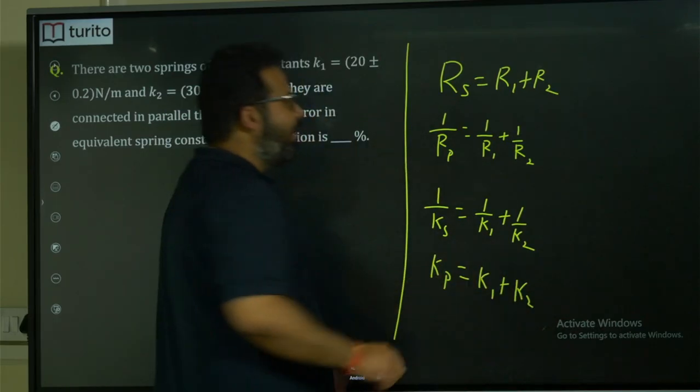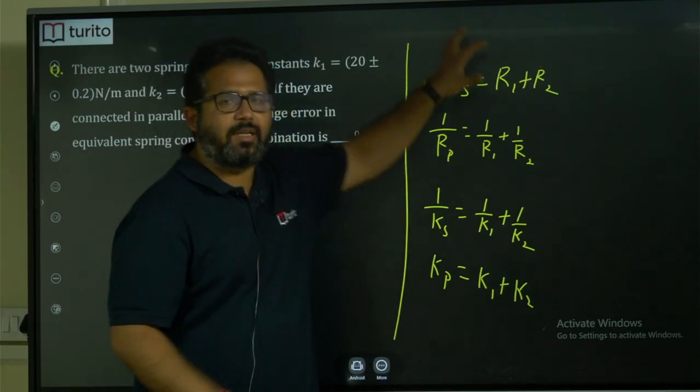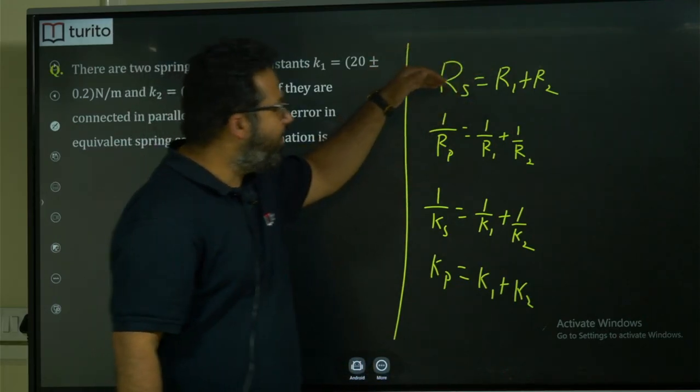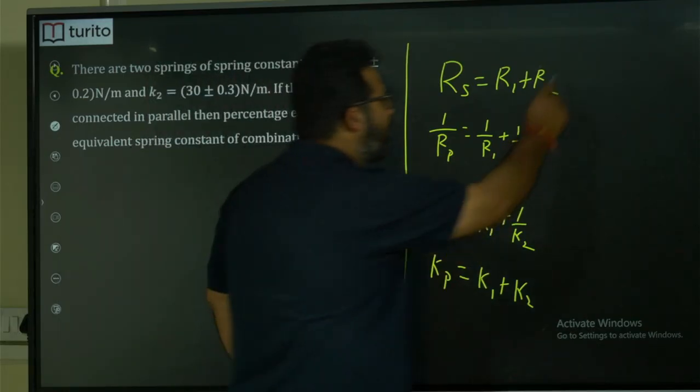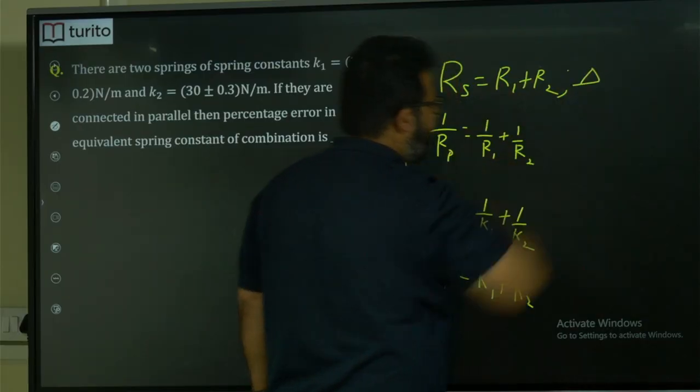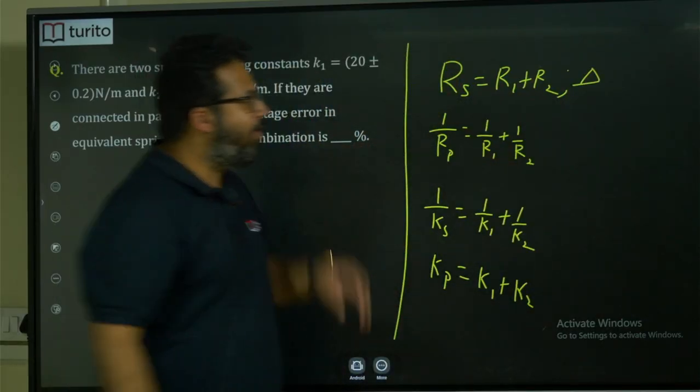The way you behaved in the series for the resistances, in a similar way we will behave for parallel for the spring. We know the equivalent spring constant, so you can calculate the error.